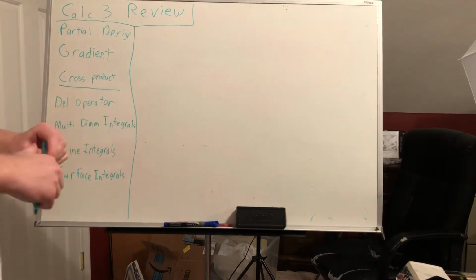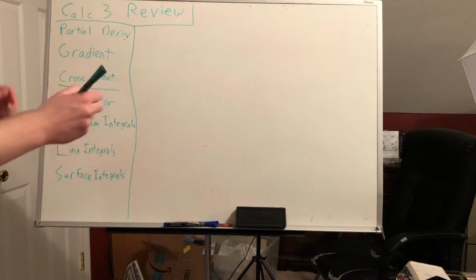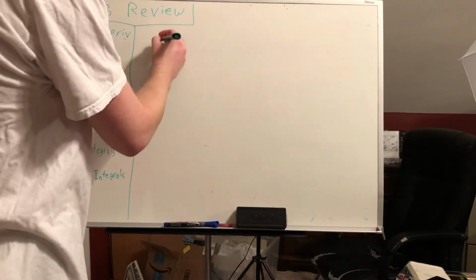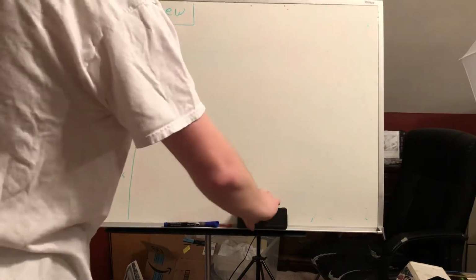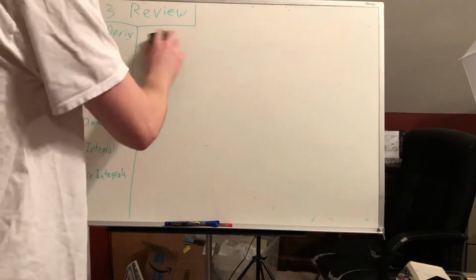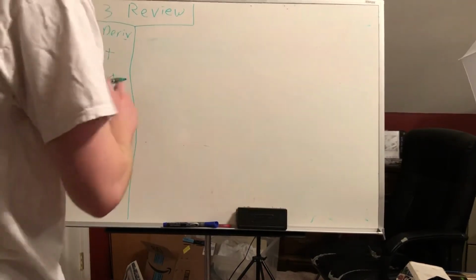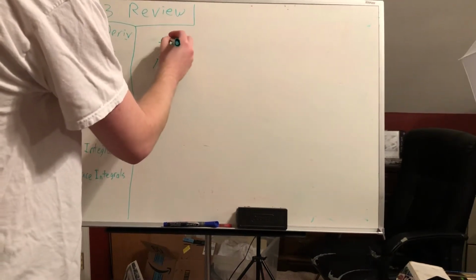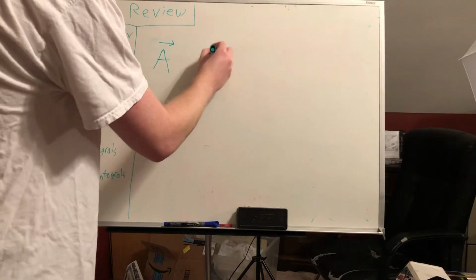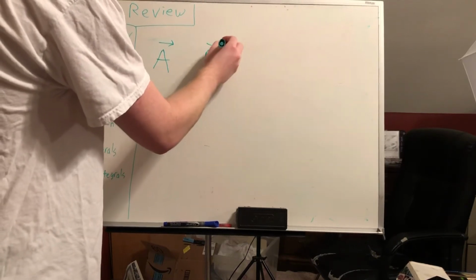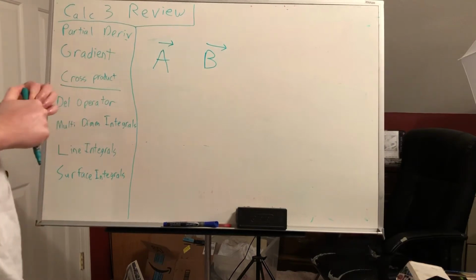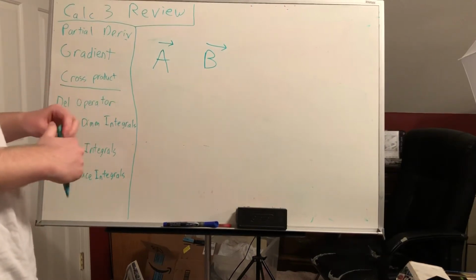the videos today. So the idea of the cross product, so let's say we have two vectors, vector A, vector B, and we want a third vector that is perpendicular to both of them.